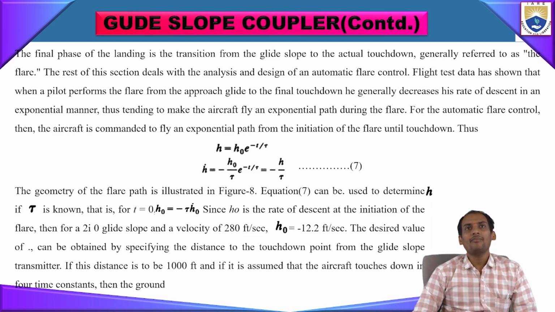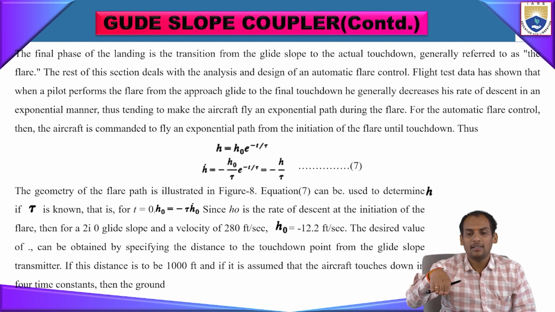Here the final phase of landing is the transition from glide slope to the actual touchdown, because while approaching for landing, the aircraft has to glide along a certain path, and after touchdown it has to roll on the ground. This is generally referred to as the flare.